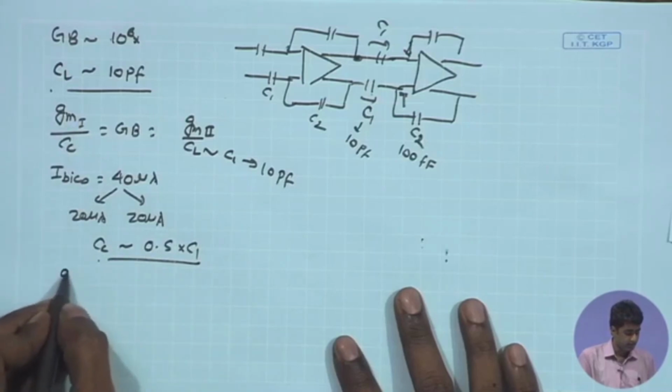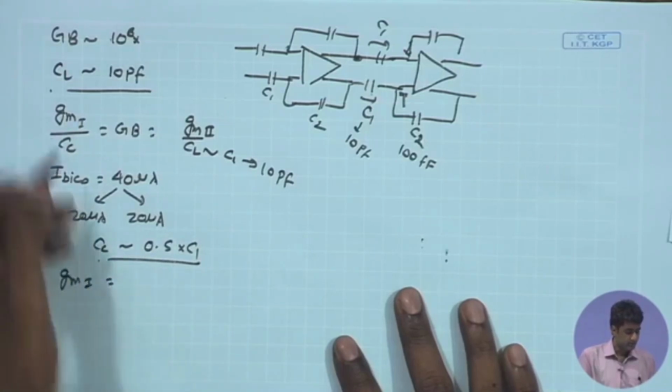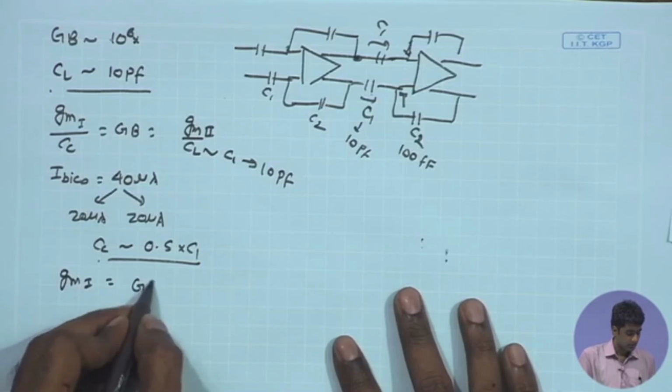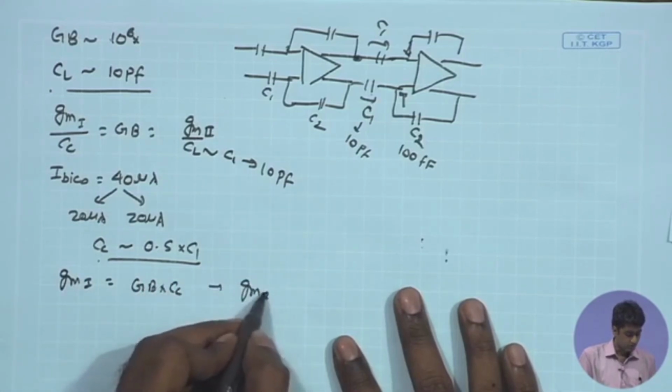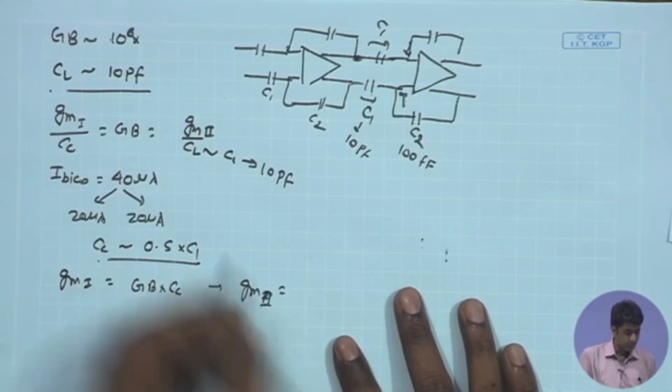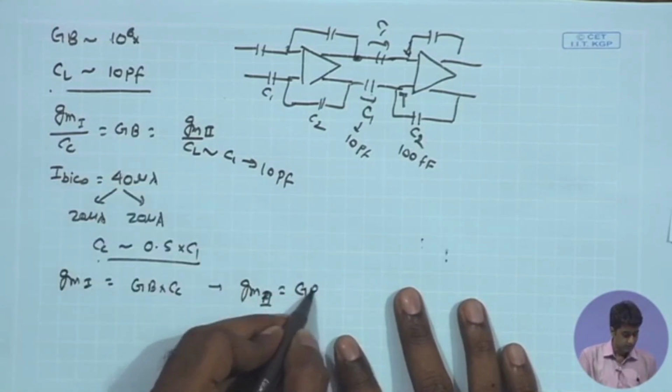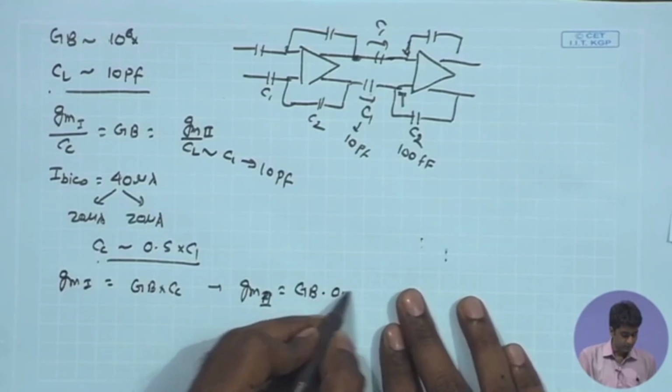So, from here I can get the value of GM1, which is the gain bandwidth product times CC, and likewise GM2, or let me stick to the round numbers, GM2 is equal to gain bandwidth product times CL, which is 0.5 times CC.